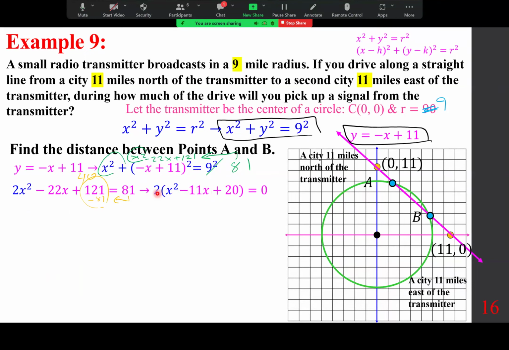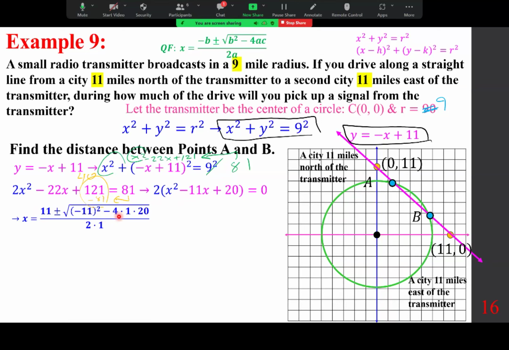For this one, whether this number is 2 or any other number makes no difference. We are going to use the quadratic formula. x is minus b plus or minus the square root of b squared minus 4ac over 2a, where a is 1, b is negative 11, c is 20. Plug it in. So minus negative 11 becomes 11, plus or minus the square root of negative 11 squared, minus 4 times a, which is 1, times c, which is 20. This is 121. This is 80.